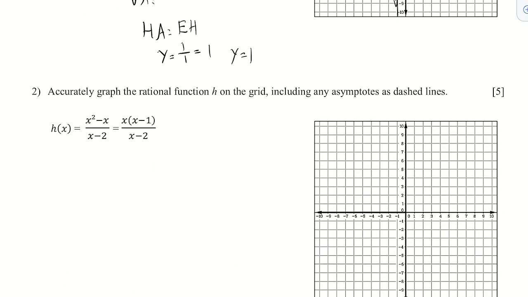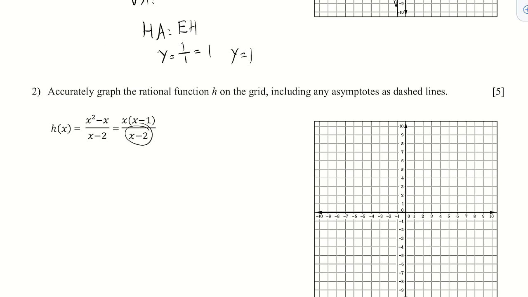Accurately graph the rational function h on the grid, including any asymptotes and any dashed lines. So what ends up happening here is I'm looking at both parts of the graph. I look to see the x minus 2, right?